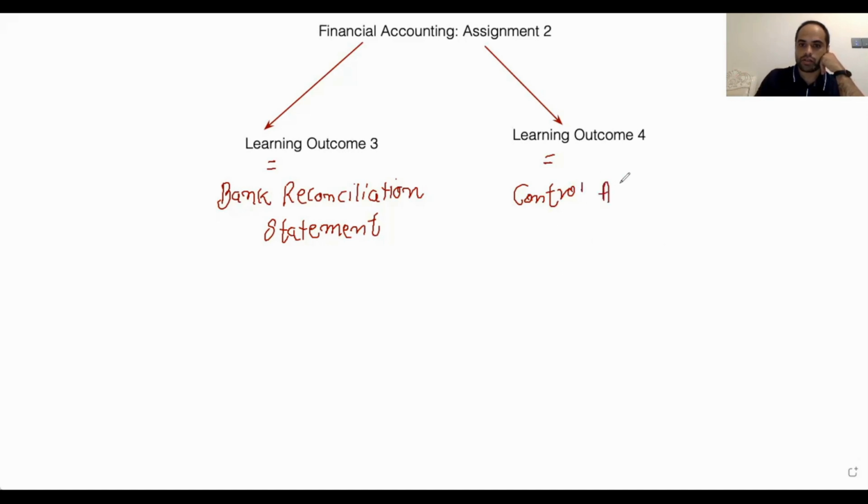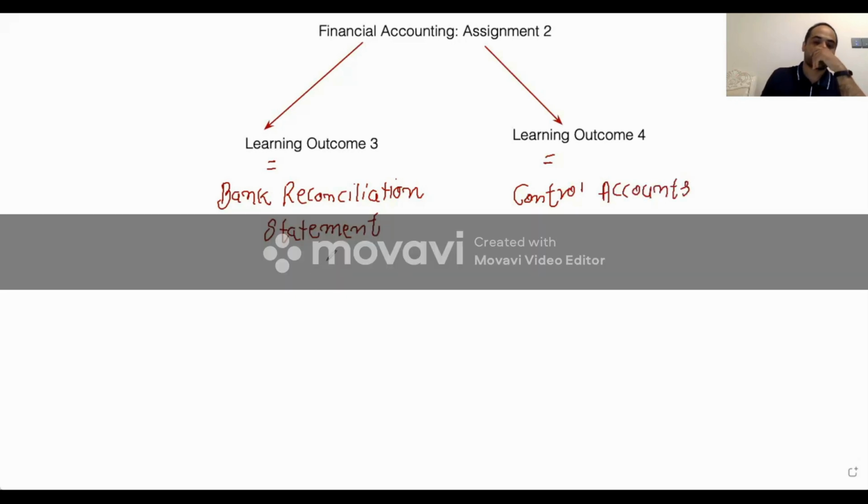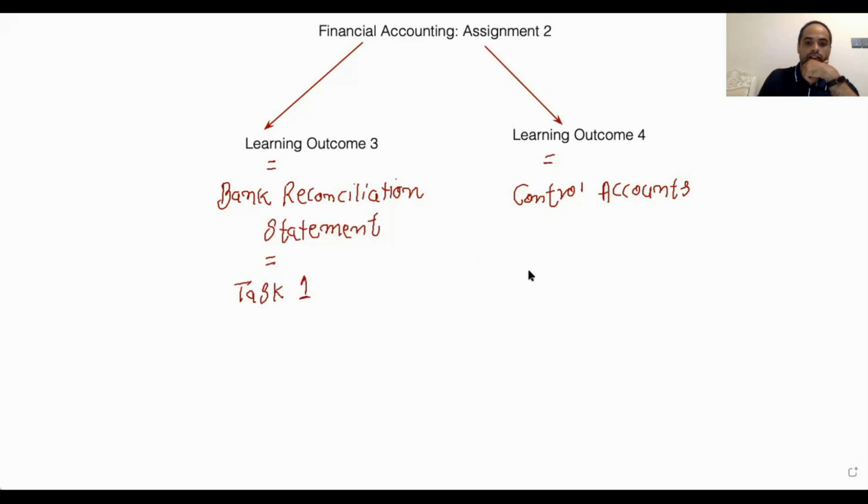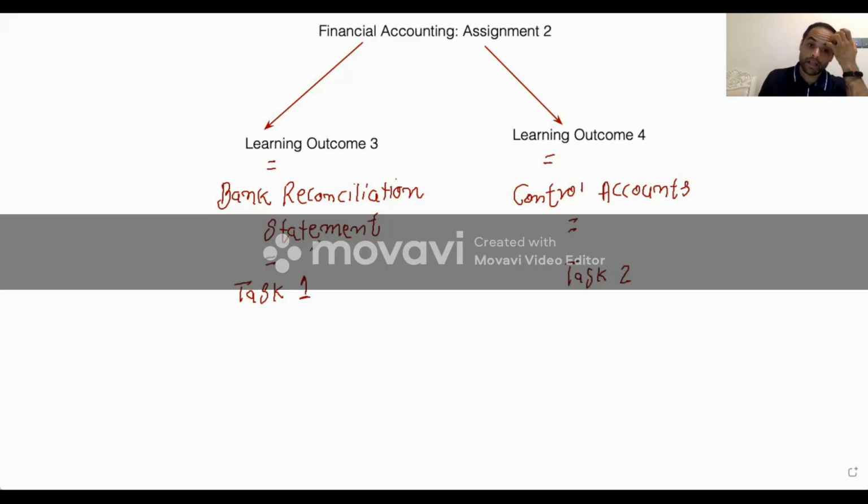Control accounts, right? So you have only one task here. So task 1. And here we will have task 2. So each learning outcome has only one task, right?